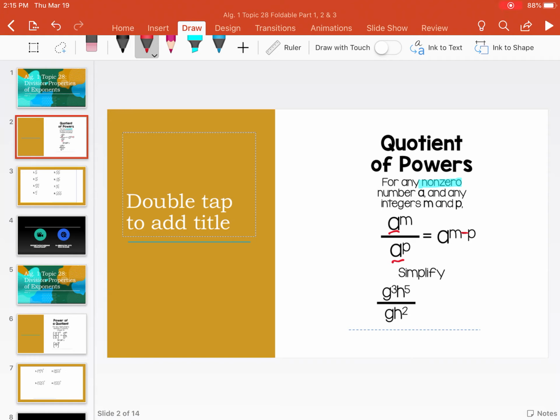So here is an example that we have here. g to the third times h to the fifth divided by g times h to the second. Now this g in the denominator, we do not see an exponent, so we're going to write a number 1 right there. And when I simplify this, I'm just going to focus on one variable at a time.